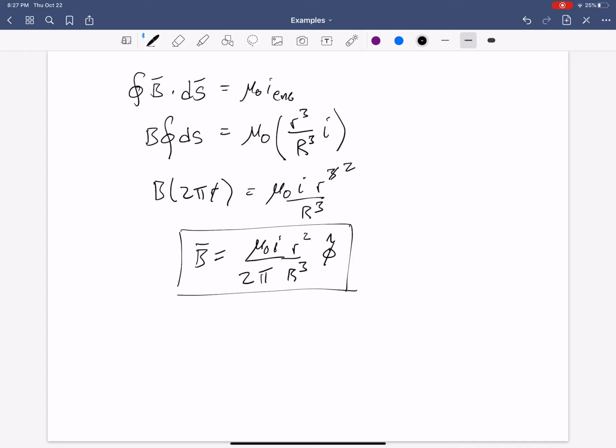And so this would be our answer when r is less than capital R, and if, let's see, if the radius is the same as capital R, right? If we're actually on the surface, well, that reduces down to that, right? Our normal mu naught I over 2 pi r.